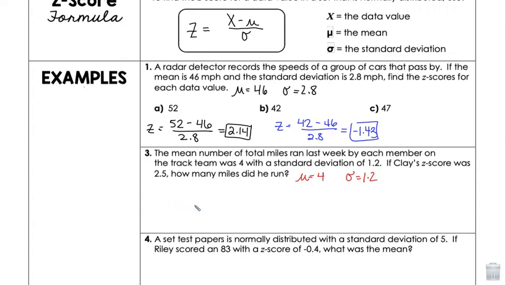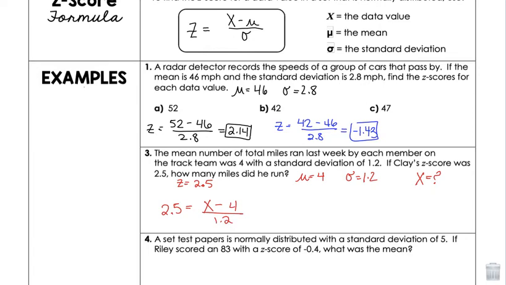We're trying to figure out what his specific data value was, so we're trying to find x. We have z of 2.5, and now we can back solve to solve for x. So 2.5 is equal to x minus 4 over 1.2.